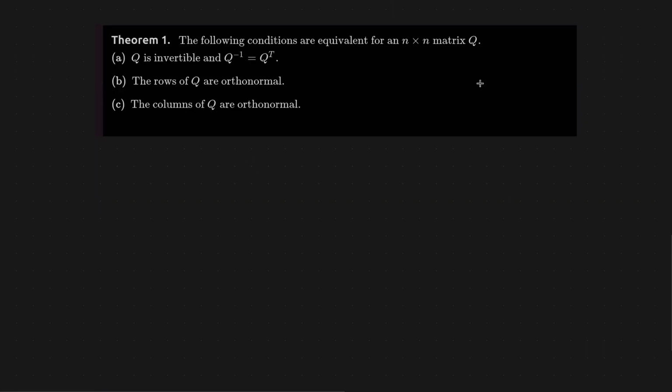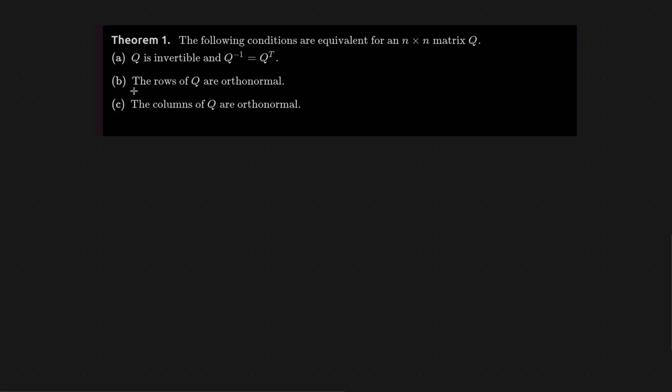The following conditions are equivalent for an n by n matrix Q. Q is invertible, and the inverse of Q is the same thing as the transpose of Q. That's the case that we just saw, right? And we got there by setting the columns of Q and making sure they're orthonormal to each other.